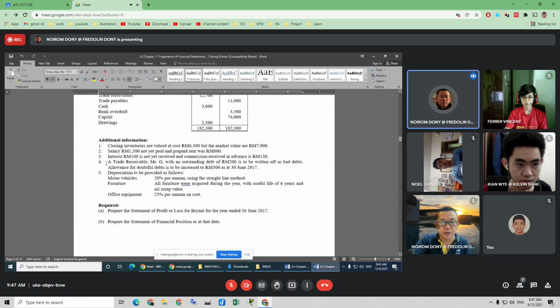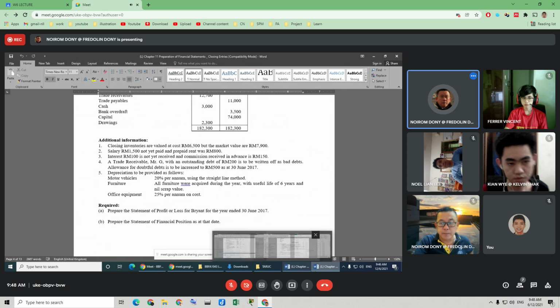Okay, I was talking about this one. Now, let's go through one by one so that I can see how do I make the entry. So first thing, number one, this is revision. Closing inventory value that cost 6,500, but the market value 7,900. So how do we record this?